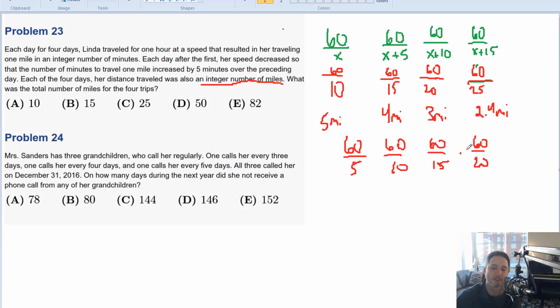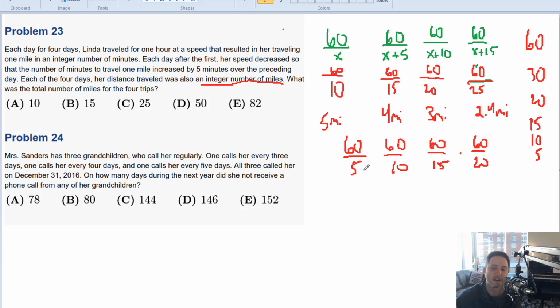Because there are not that many numbers that divide into 60. I mean, the first number that divides into 60 is 60. Then it goes down to 30. Then 20, 15, 10, 5. Well, that's pretty much it.